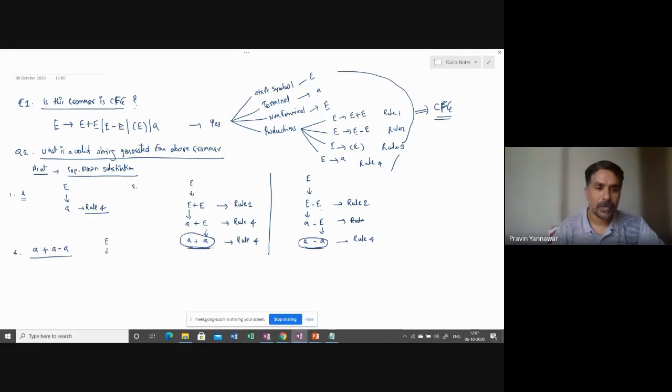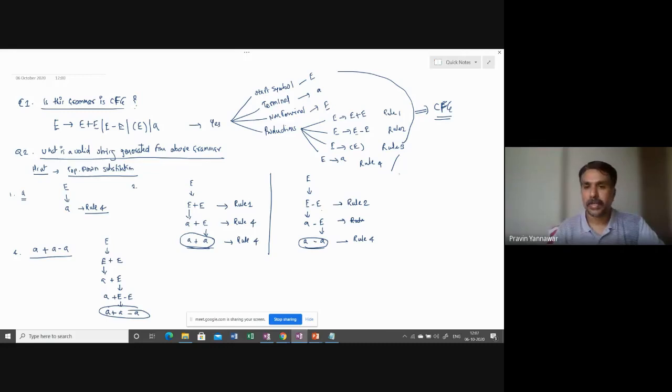E implies E plus E. The first E is A, and the other E is substituted as E minus E. Then these E's become A, so A plus A minus A. This is how I can go.